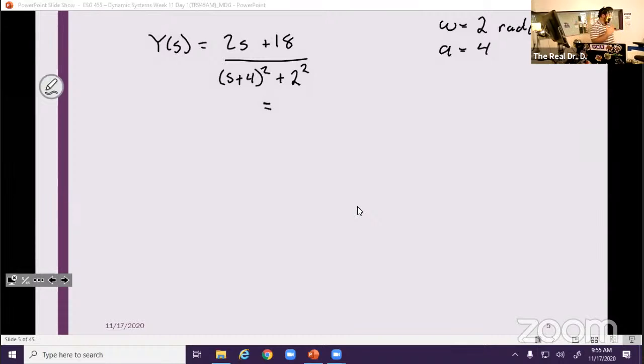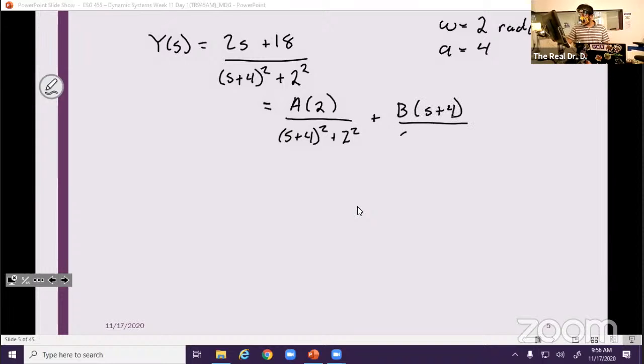So we're going to split this. We're going to say that we have the sinusoidal portion, which is going to be A times 2 over (s plus 4) squared plus 2 squared. And we're going to add to that the cosine portion, B times (s plus 4) over (s plus 4) squared plus 2 squared.